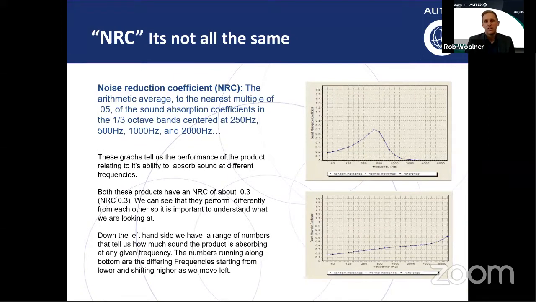And this is going on to this again, and it shows that NRC is an average across certain octave bands. And so that is why you get an NRC that can be the same as another product. Because it's an average, when you actually look at it across the frequency bands, it can be quite different. So those 2 graphs are products with the same NRC, but you can see they perform quite differently.